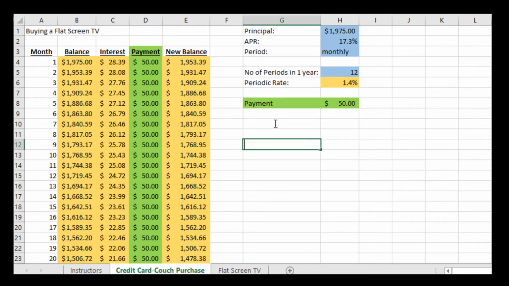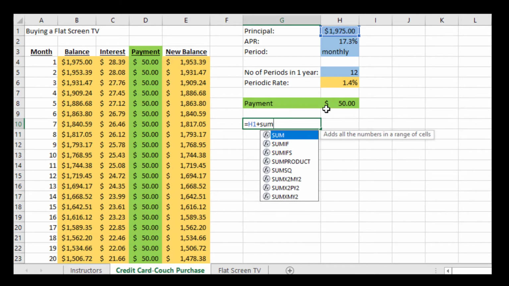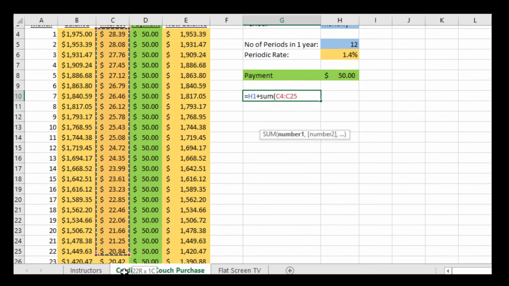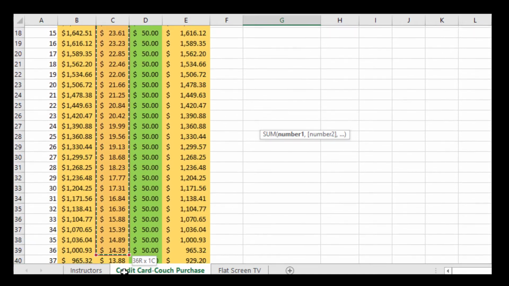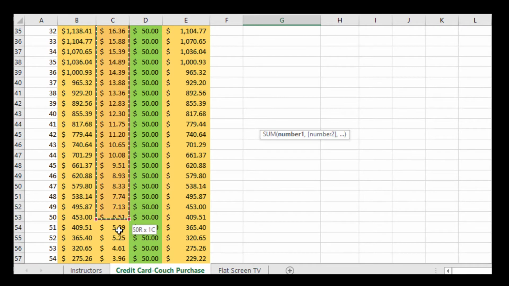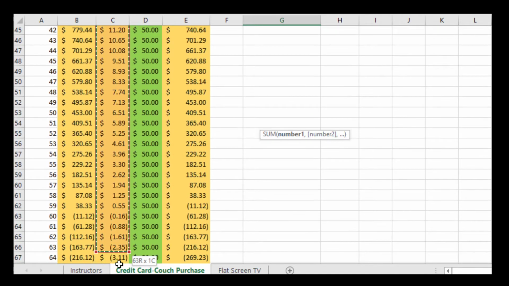So what I'm going to do is just make a little Excel formula: equals the amount that I paid for it plus the sum of all my interest. And I'm going to run that all the way down until I stop paying interest and still owe money. Still owe money.